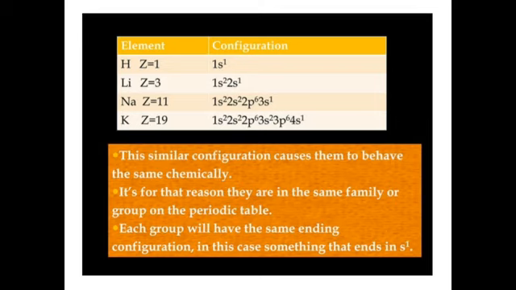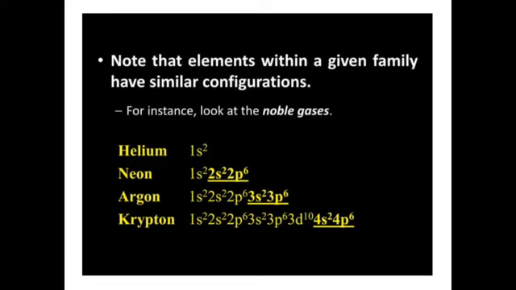Of course, since they are ending in s, it shows that they are s block elements. They are s block elements. Okay. The same applies to the noble gases. They are ending with 8 or 2. Helium is a duplet, 1s2, but neon, argon, and krypton are ending with 2s2, 2p6.